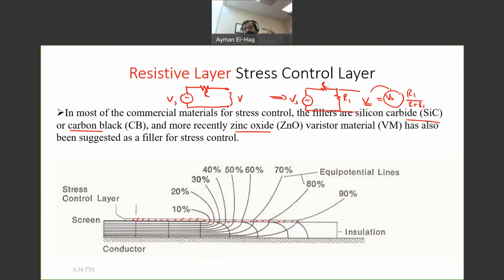Now again, this type of material has a disadvantage, which is it allows a current. When it allows a current, there will be some heating, and sometimes there is an overheating that can damage the material. This is why we use zinc oxide. Zinc oxide is a non-linear resistive material. Carbon black is a linear resistive material.